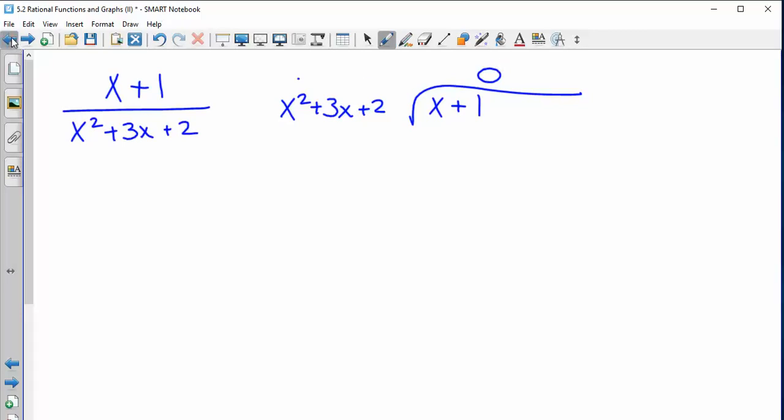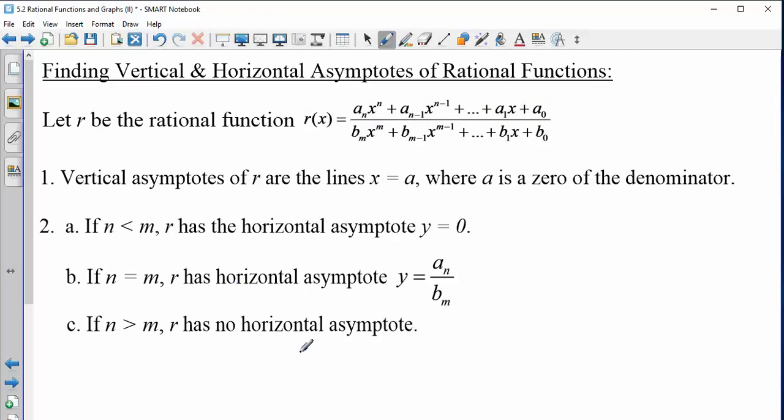So that's the reasoning why if the degree on top is smaller, it's always y equals 0. Because if you were to divide them, you can't actually do any division. It's all just a remainder. If they have the same degree on top and bottom, your horizontal asymptote is found by dividing the leading coefficients.